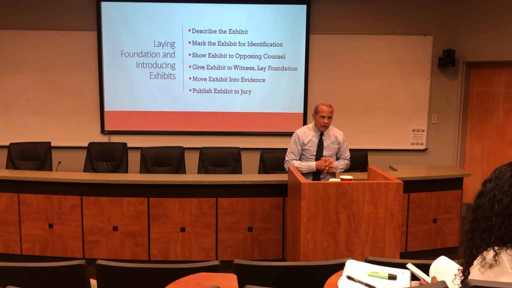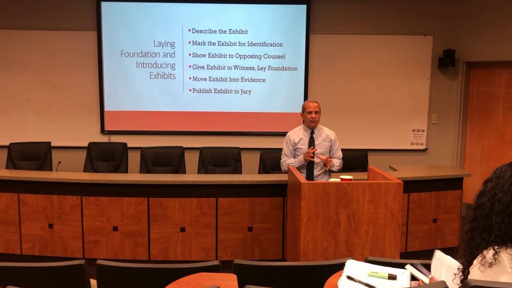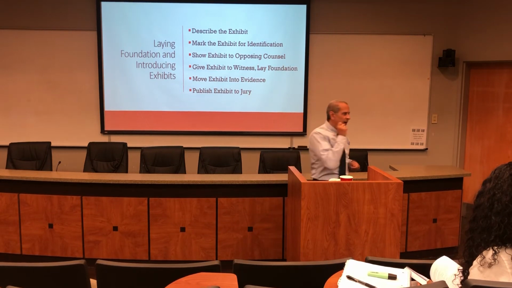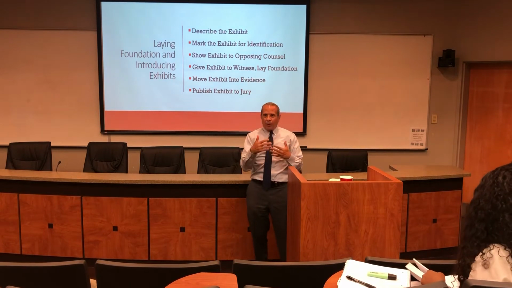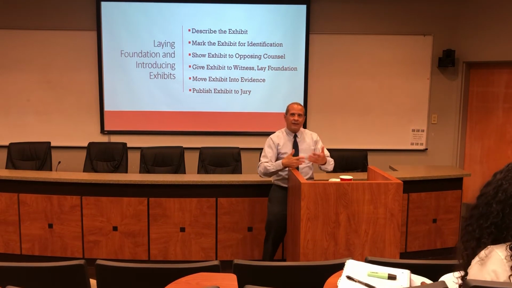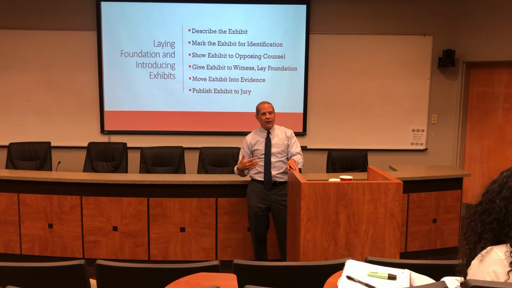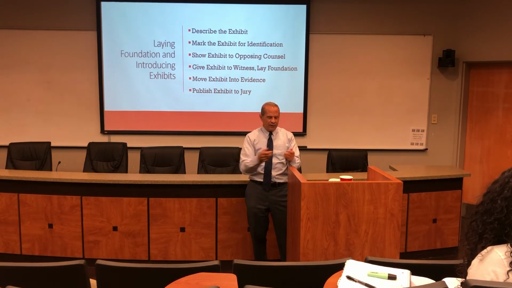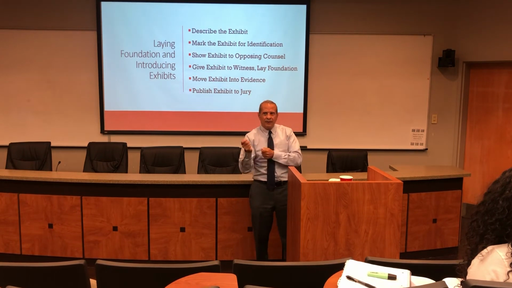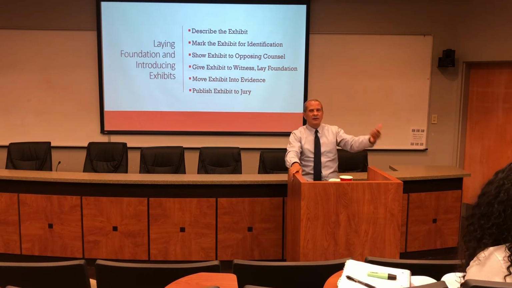Now, you have to give some thought with respect to the publication. For example, if you're going to have copies for every juror to read, you don't want that act of reading to interfere with your continued direct examination of the witness. They're reading whatever you've given them, and they're not listening to the testimony.